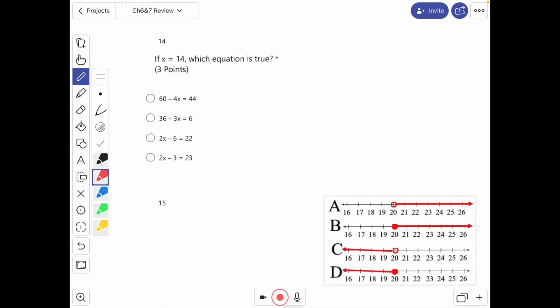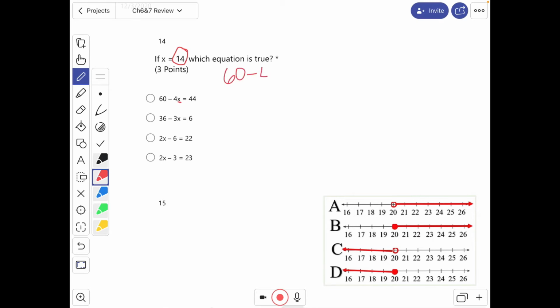Number 14. If X equals 14, which equation is true? So you could solve all those equations and see which one equals 14. Or since they give you answer choices, you can plug in 14 where X is.